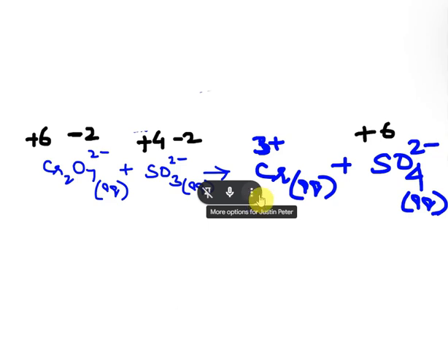Second step also done. So what is the third step? Finding the change in the oxidation numbers. Look for the change in the oxidation number. Chromium has been reduced, sulfur is oxidized.